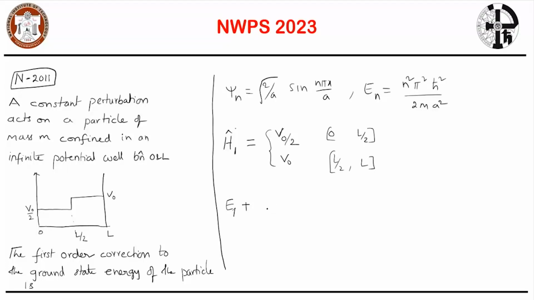The correction is you just write psi 1, this perturbation, and psi 1. This is what it is. Let me do it a little bit more elaborately. I'll take a new slide.